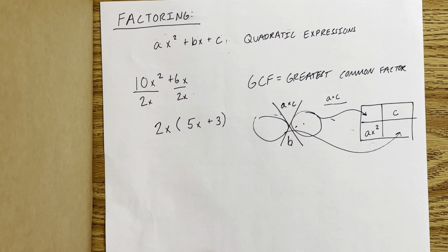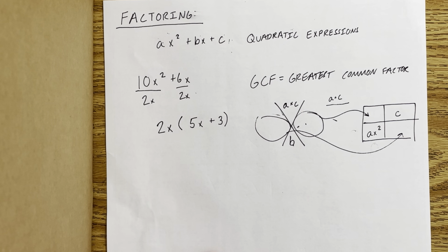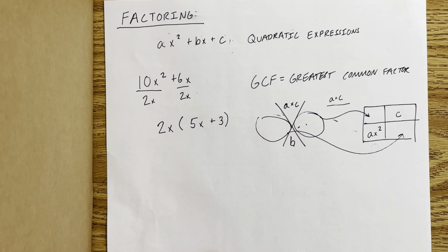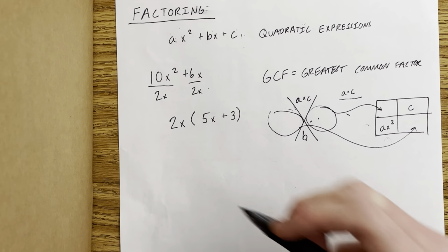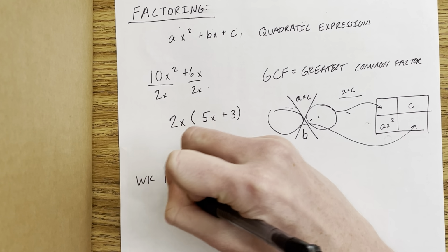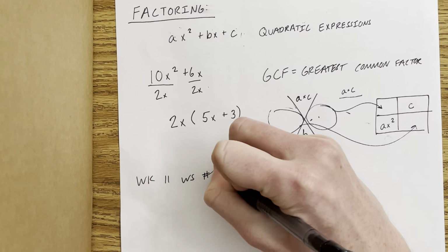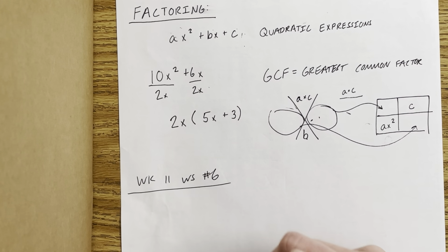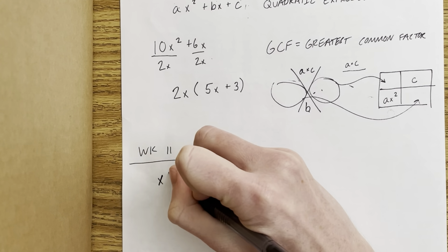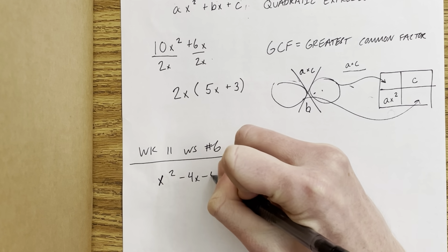So let's get right into that. I'm going to do an example from your week 11 worksheet, number 6. This is x squared minus 4x minus 5.